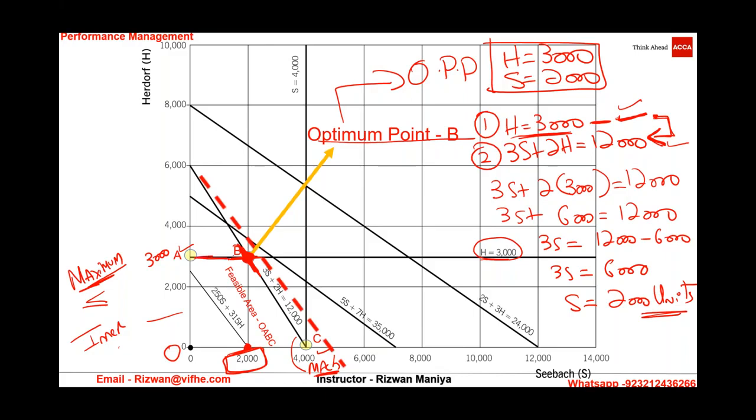As you can see, these lines are clearly indicating the values, but still I just told you the method, how to solve this simultaneously. So it's a substitution method, which is a simultaneous equation method. In this question, it was very much evident that 2000 is S and 3000 is H, which is clear to all of you at this point.